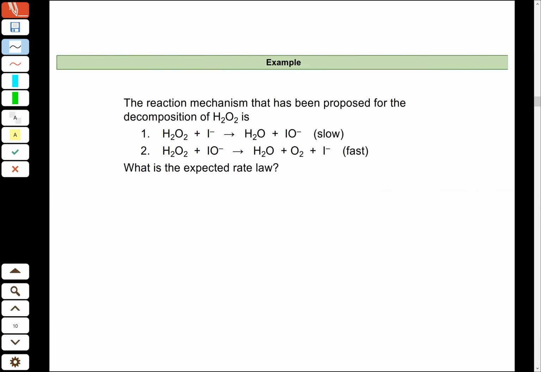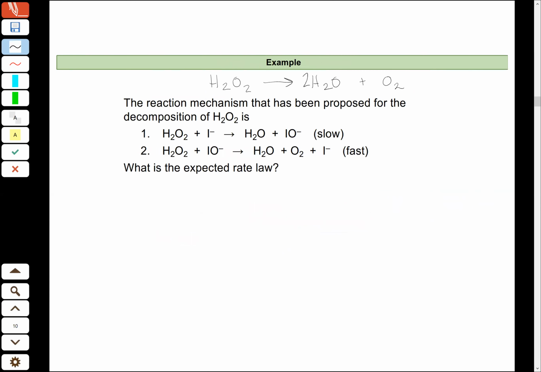We're going to look at decomposition of hydrogen peroxide to oxygen, which will look like H2O2 decomposing to water and oxygen.